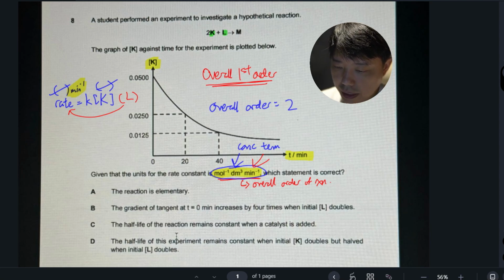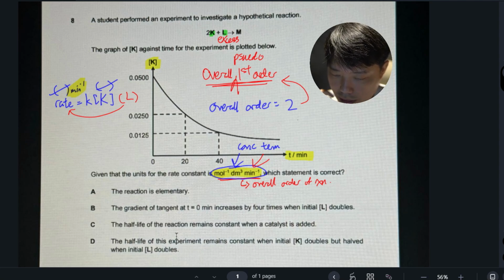Okay, so how do we make this second order to be first order? We have to make L in large excess. Okay, so then this becomes an overall pseudo first order. That's why we can get this first order graph with a constant half-life.